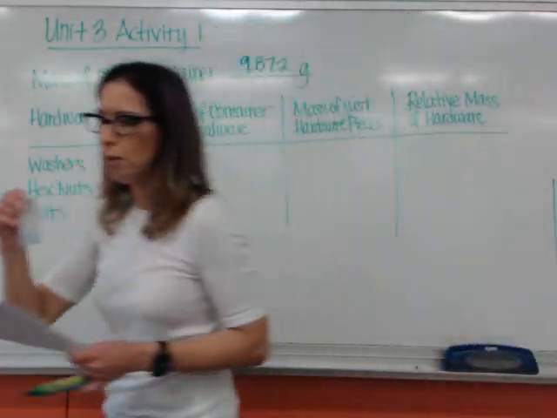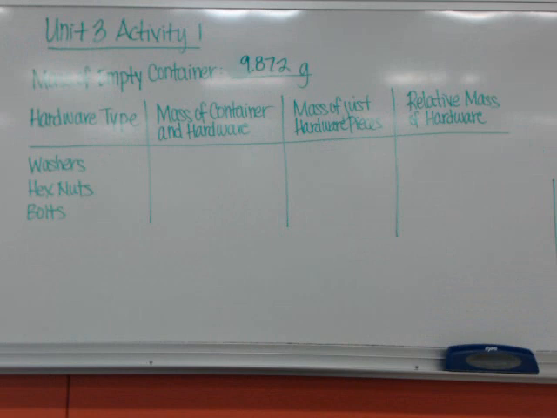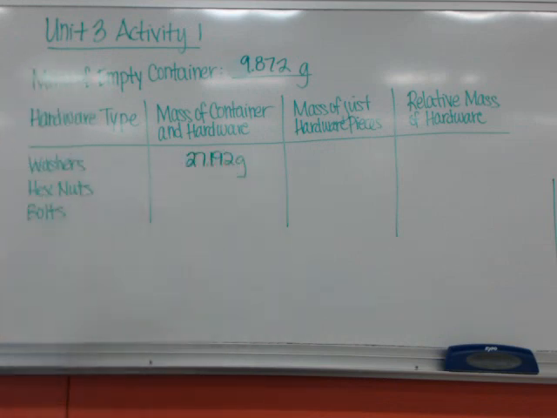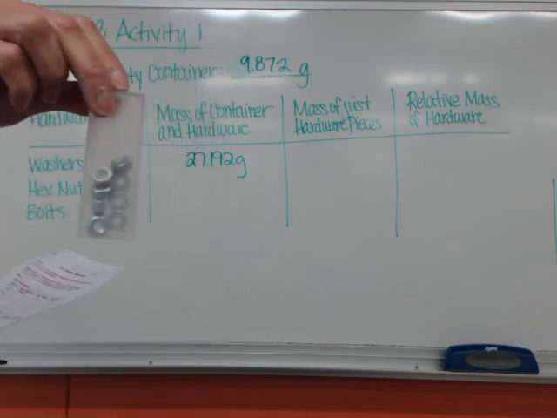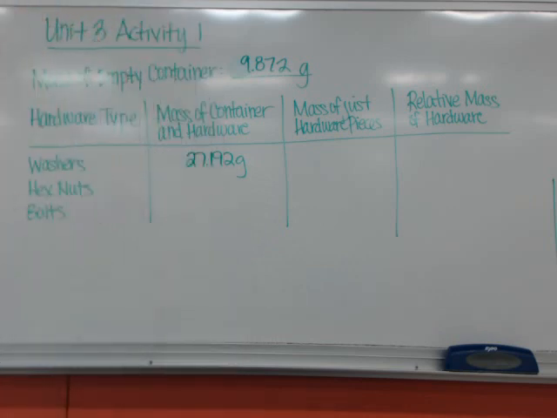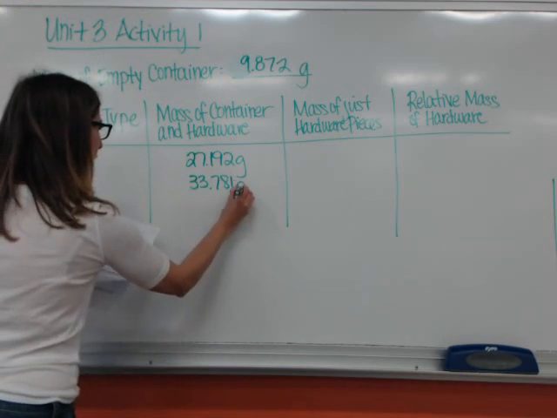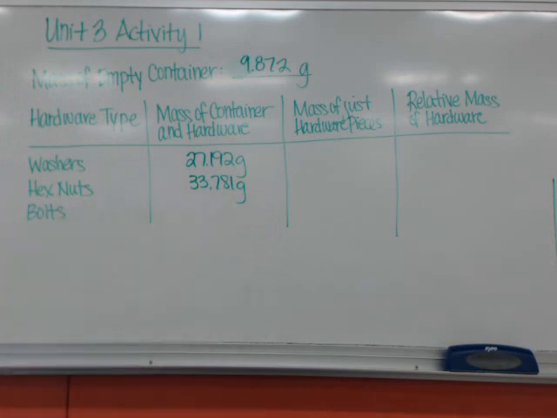Let's first start with the washers. 27.192. And then we're going to move to the hex nuts. 33.781. And then we will move to the bolts here.